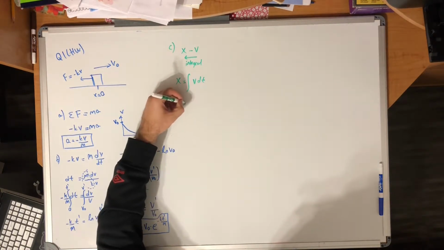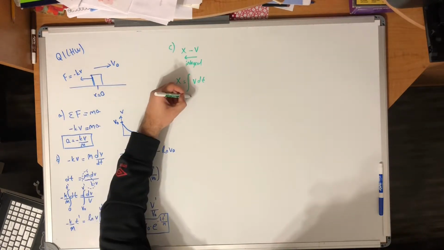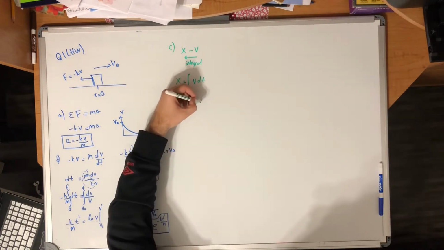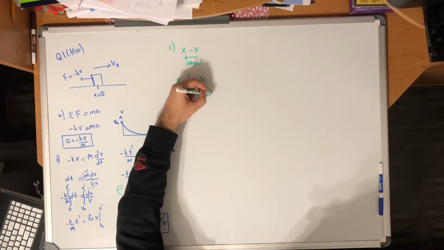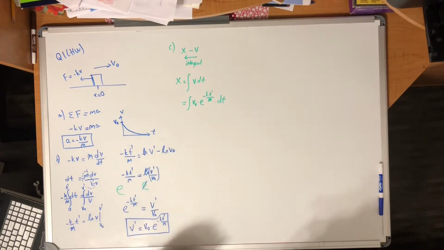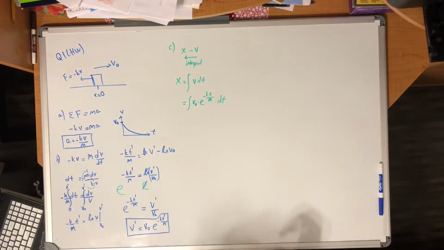And what is my v as a function of time? v0 times e to the power negative k t prime divided by m times dt.